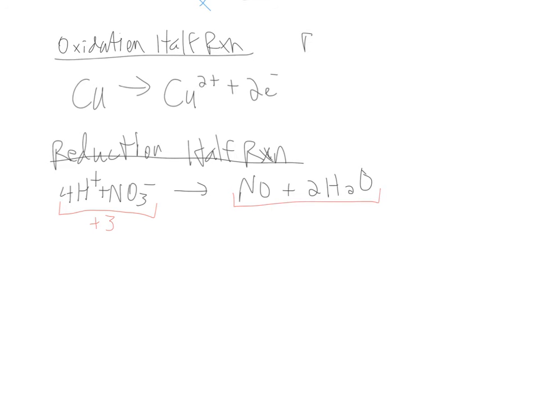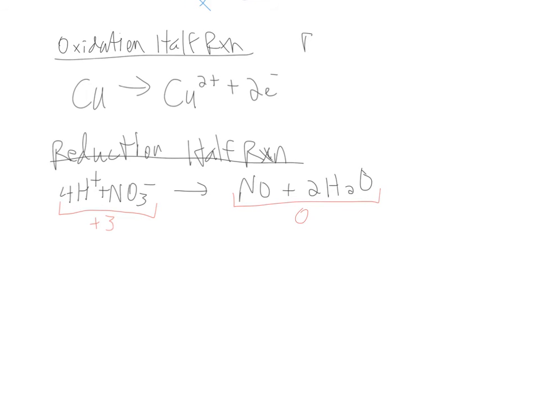On the right side of the equation, we have 2 chemical species, but they're both neutral. So the charge on the right side overall is 0. To make the charges balance, we can only bring down the charge on the side that has a higher charge by adding electrons. You can never take away electrons.